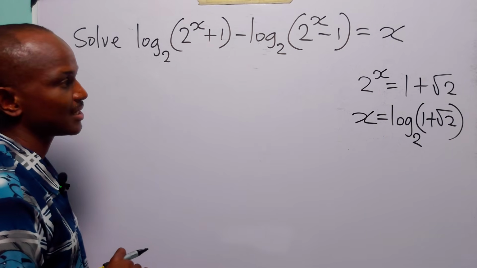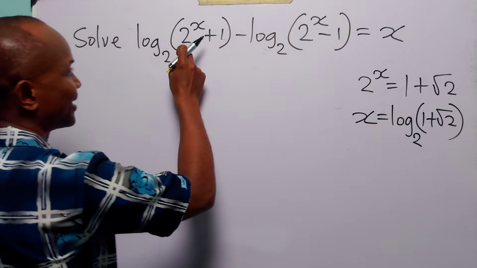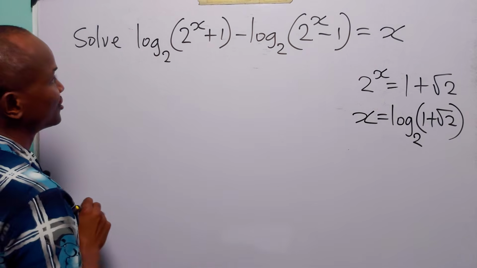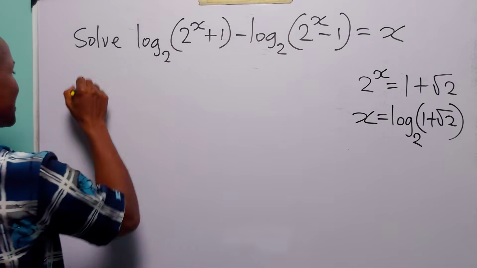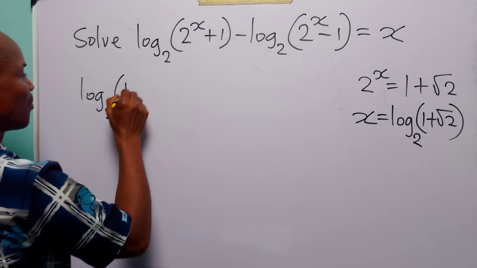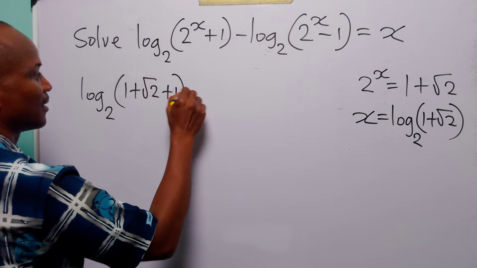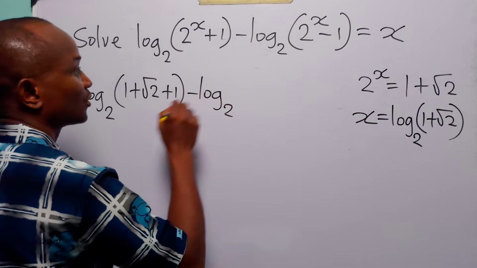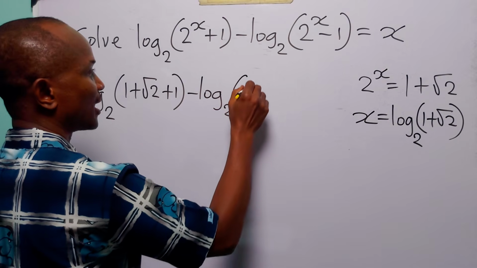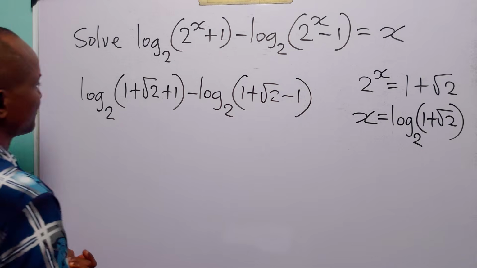Now to check our answer, let us substitute 1 plus root 2 for 2 to the power x in the original equation. When we do that, here we have log base 2 of (1 plus root 2 plus 1) minus log base 2 of (1 plus root 2 minus 1).